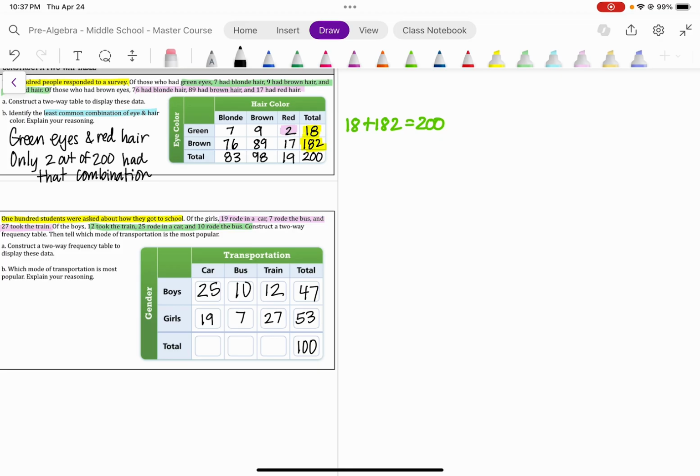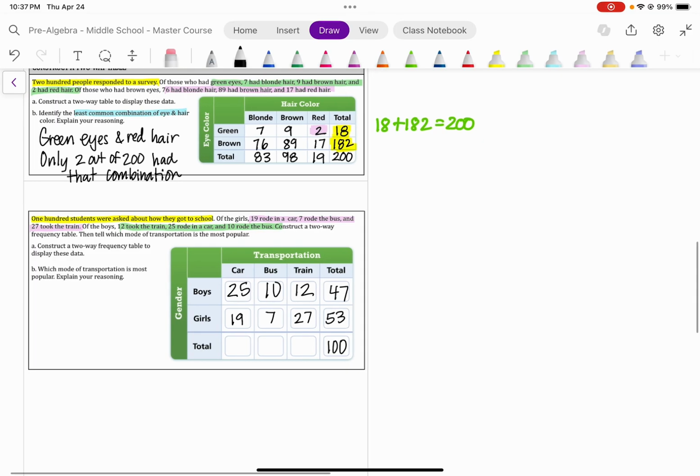And now we're going to just find the totals of those columns. 25 plus 19. Let's see, if I added 20, that would be 45, but I'm adding one less than that, so 44. 10 and 7 makes 17. And 12 and 27 makes 39. Which mode of transportation is the most popular?